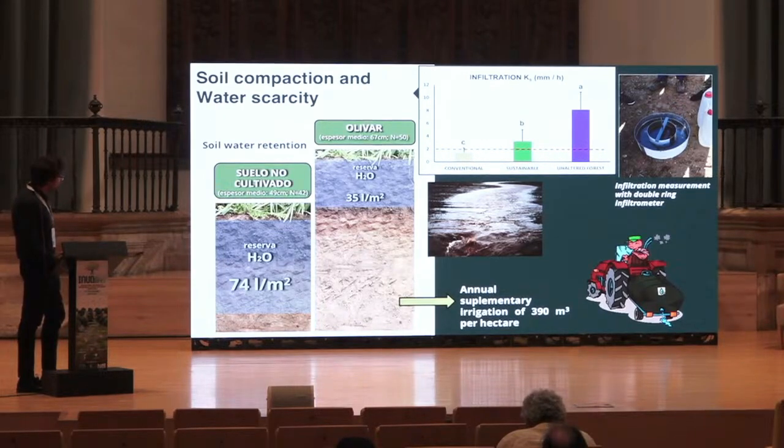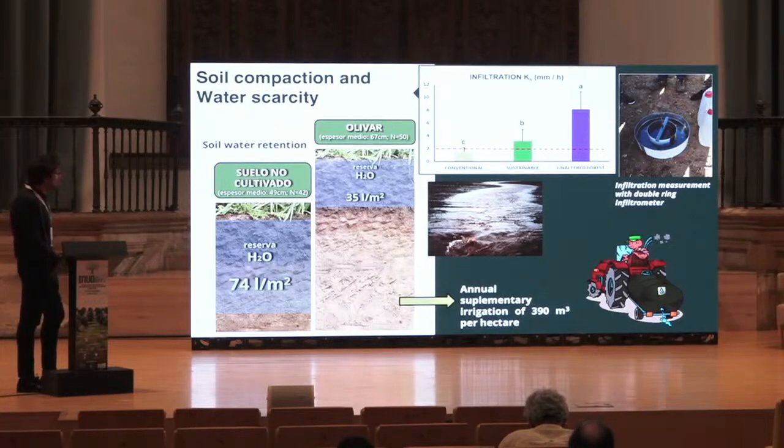By our estimate, olive grove soils can retain about half of what non-cultivated soil retains, even taking into account that the olive grove soils are about double the depth of the non-cultivated soil. This is equivalent to an annual supplementary irrigation of about 400 cubic meters per hectare.